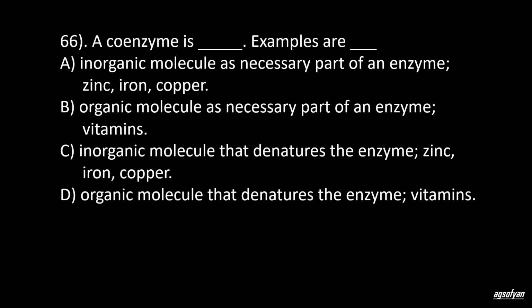An enzyme is a molecule that increases reaction. If it is a coenzyme, that will be organic molecules. An example of coenzymes is vitamins. So vitamins are actually organic molecules, part of an enzyme.